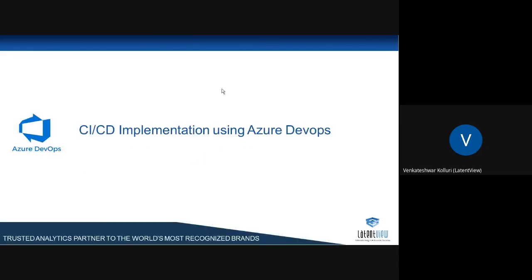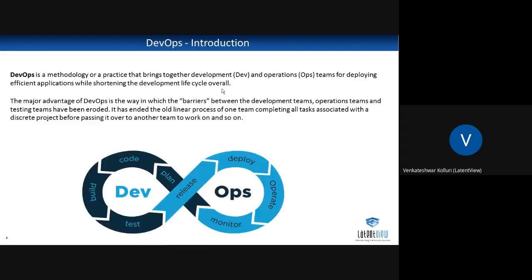So we will be talking about DevOps and the CI/CD implementation with the help of DevOps. I would just give you an overview of what exactly DevOps is. DevOps is used for streamlining the coordination between the software development team and the operations team.